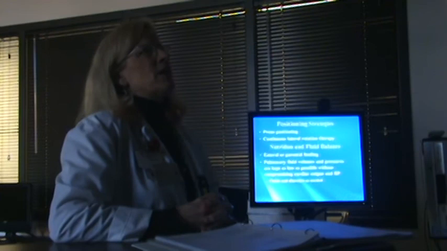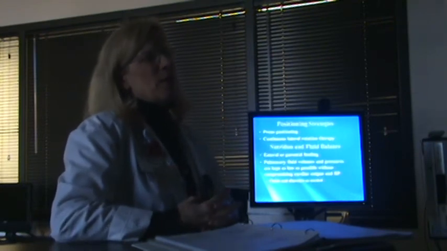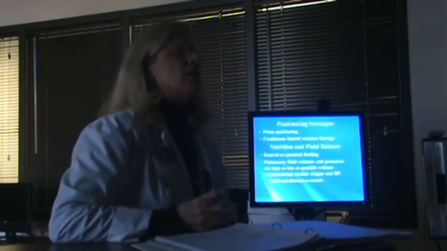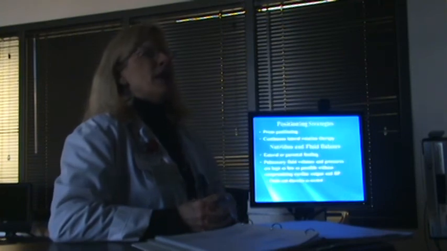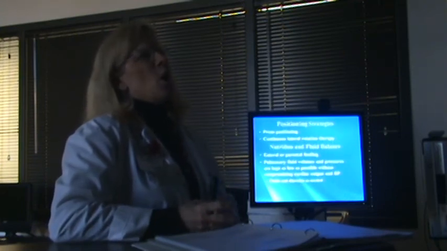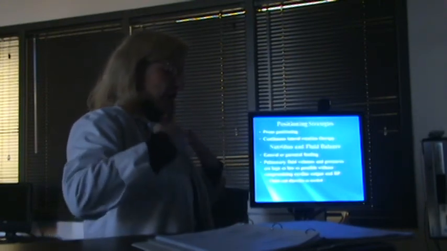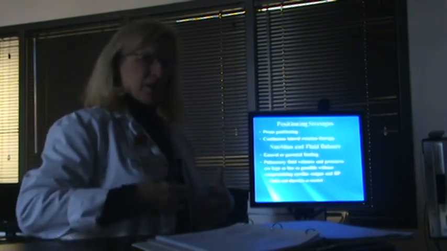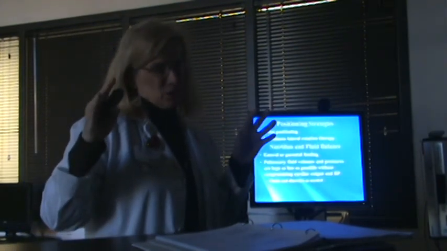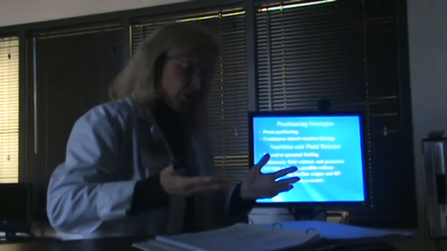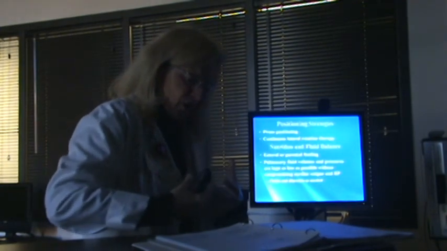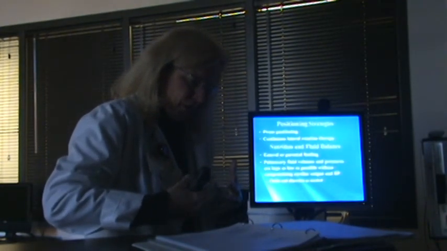If a patient's flat on their back, even with their head of the bed elevated 30 degrees, in ARDS the flow of fluids tends to be dependent, and so the upper layer of lung tends to be the most preserved lung, or so it's thought. So when you flip them prone, you've got your most preserved lung down low, you've got the heart off of it.